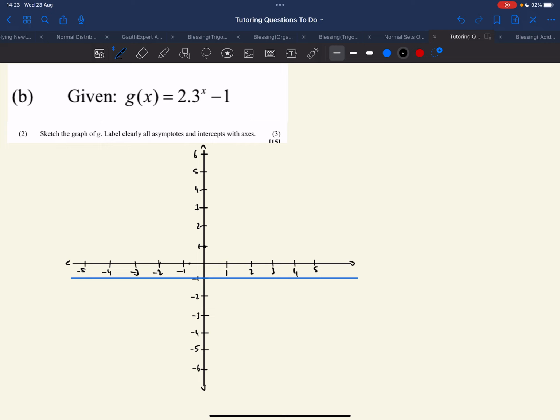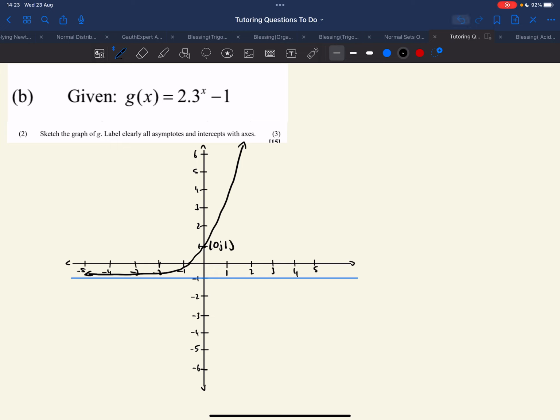All right, now to draw the curve, I can just say it goes like this, then it turns and it turns, then I can see there, and I can put something like this there.